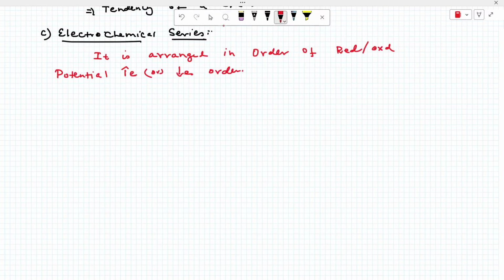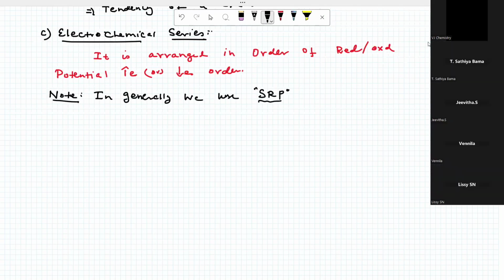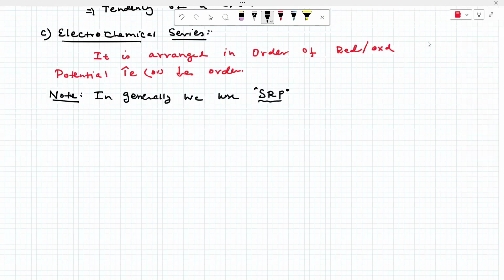For example, in general we use SRP. What is SRP? Standard reduction potential. Please note.